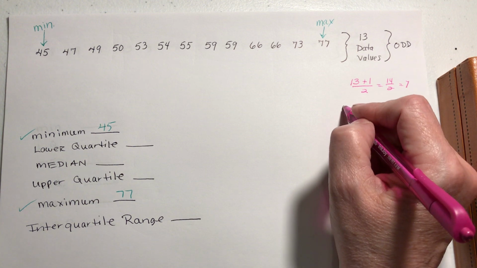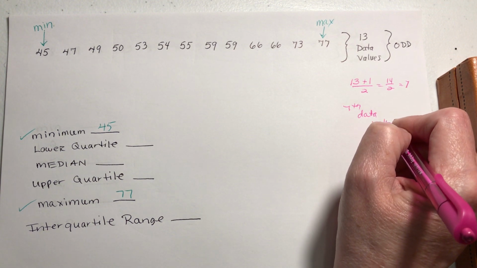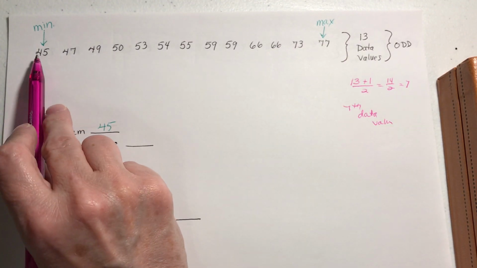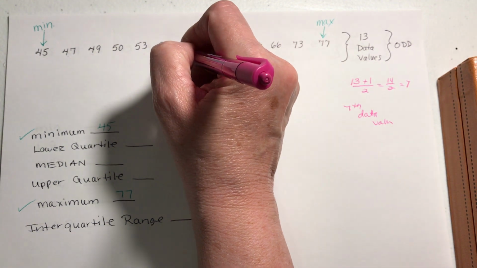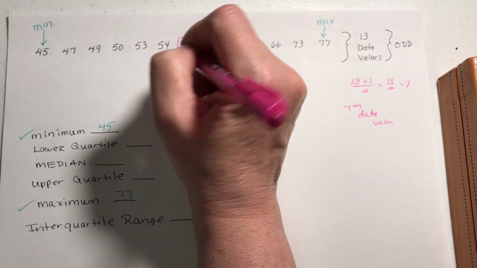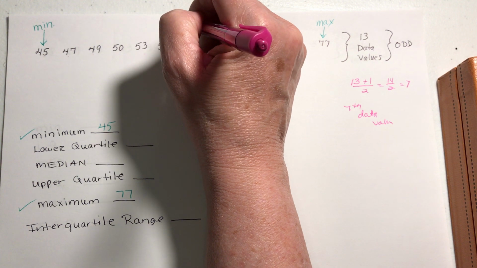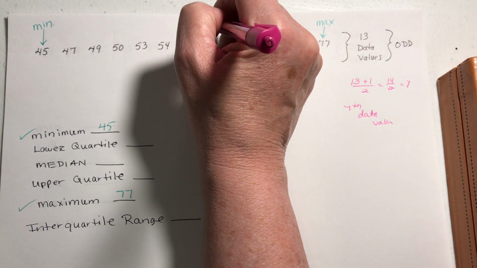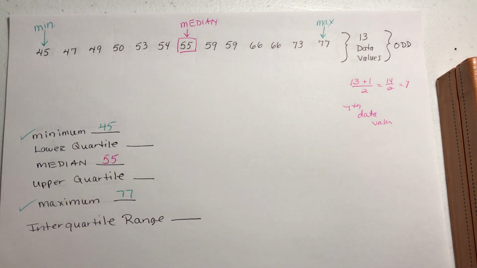The median will be the 7th data value. So if I count over 7, 1, 2, 3, 4, 5, 6, 7, the 55 is the 7th data value. So this is my median. So median, that's 55, goes right there.